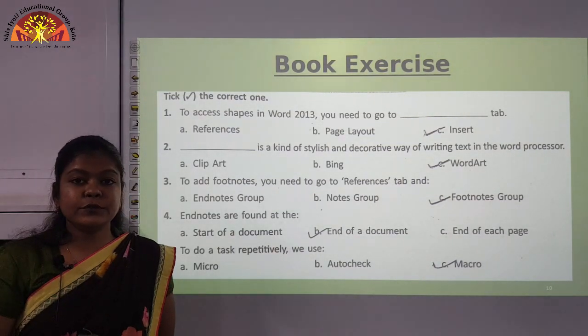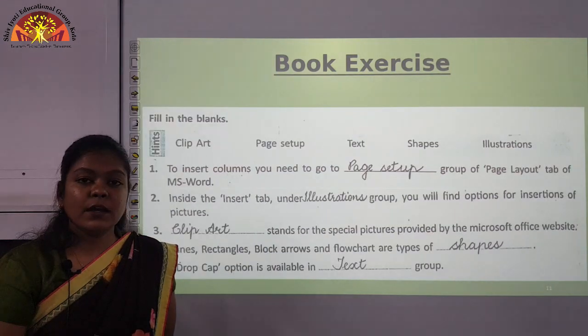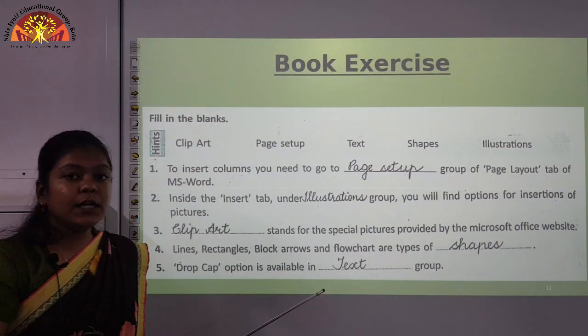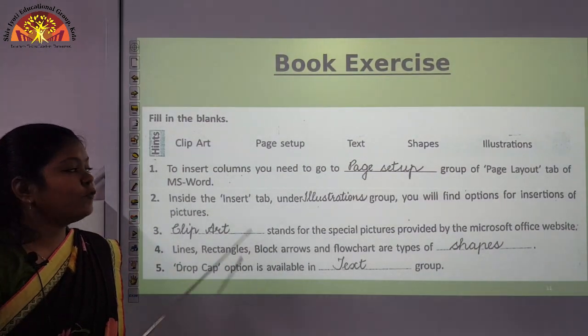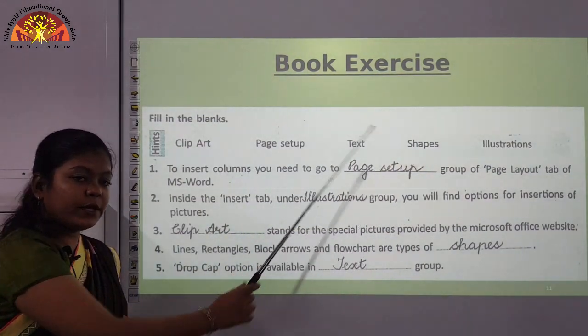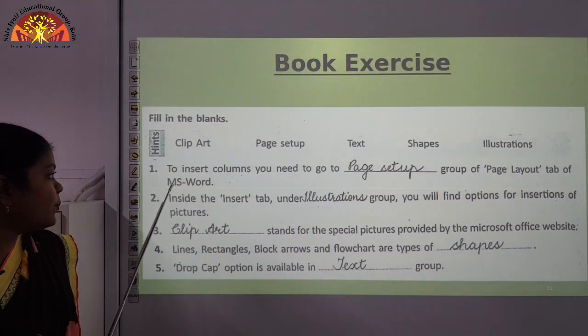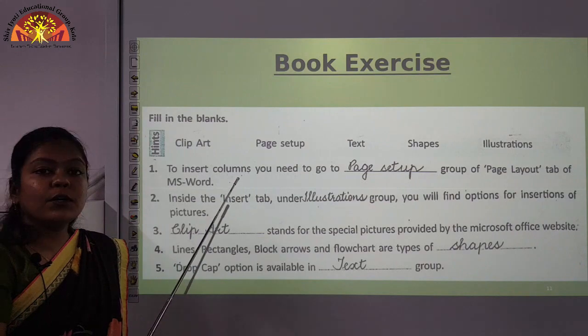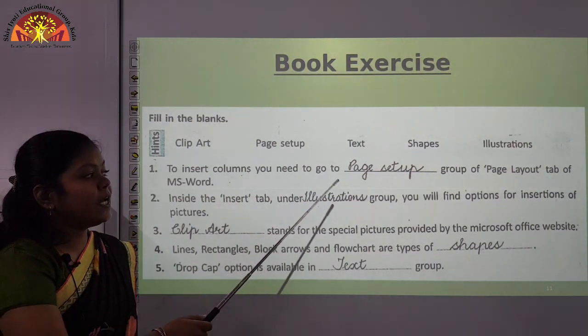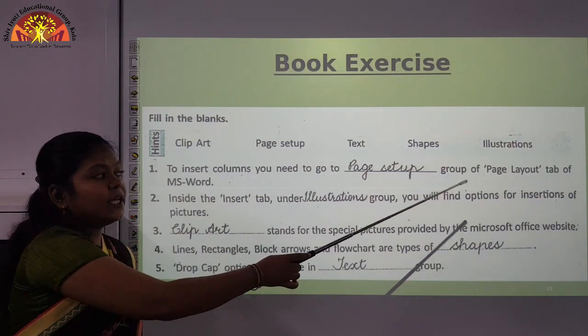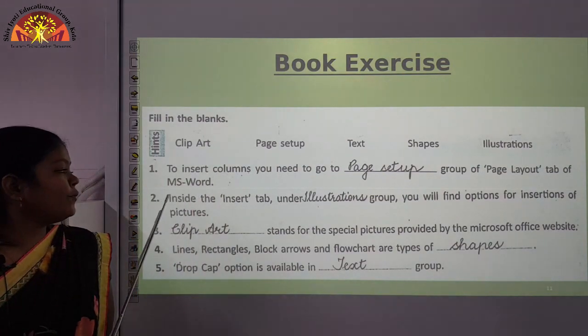Now, we will move to our next exercise, which is fill in the blanks. Here, you have to fill these fill-ups from the given options. First fill-up is, to insert columns, you need to go to dash group of page layout tab of MS Word.